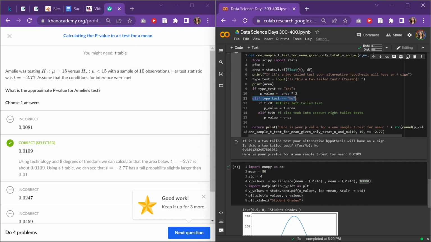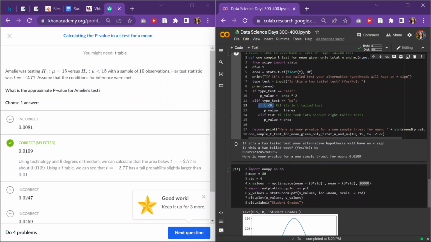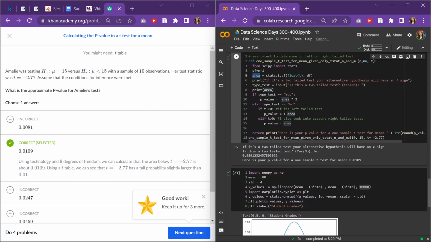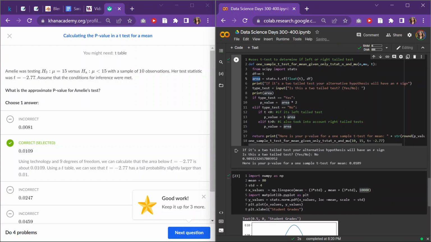But then if the type test is a no, and if the t is less than 0, but is that the, oh, that is t. Wait, this gives the area. Then why did I use stats.t? Oh my god. Oh, I think I understand why I did that, because if this is the opposite, then I had to do the opposite here.